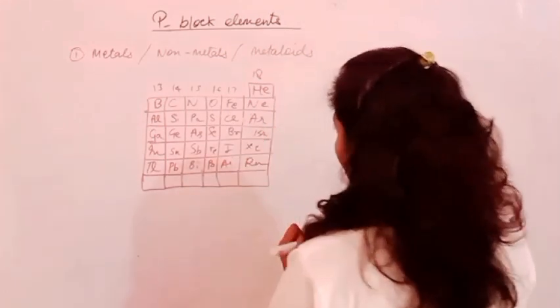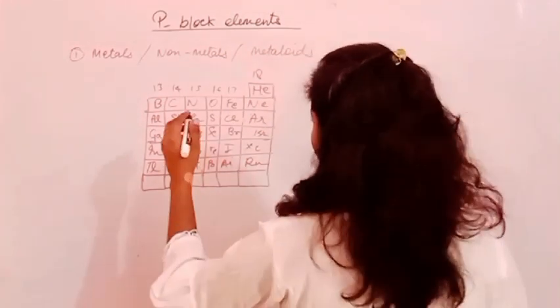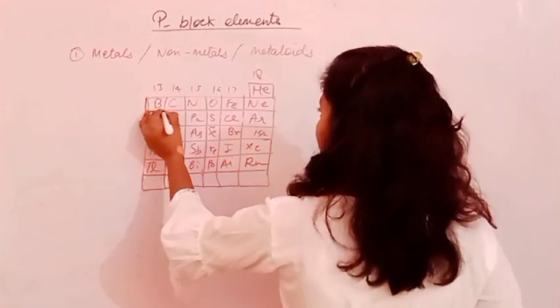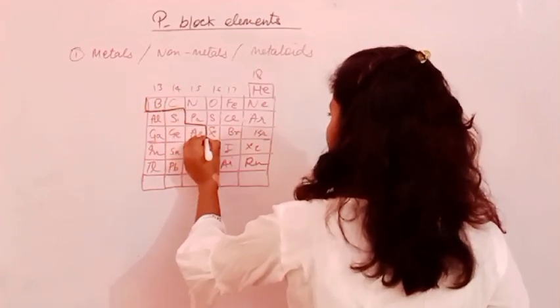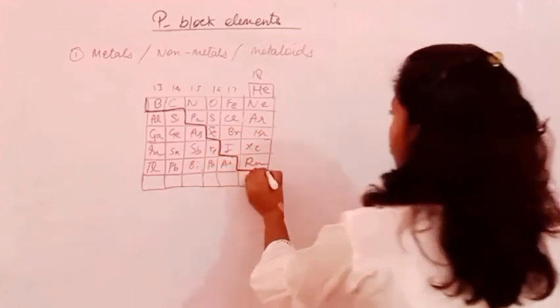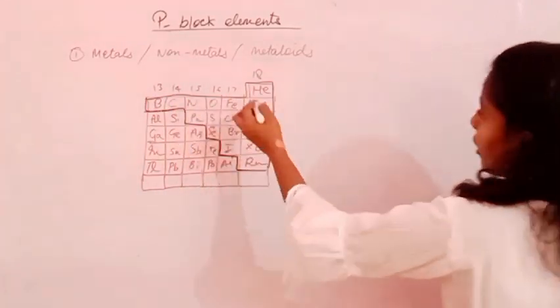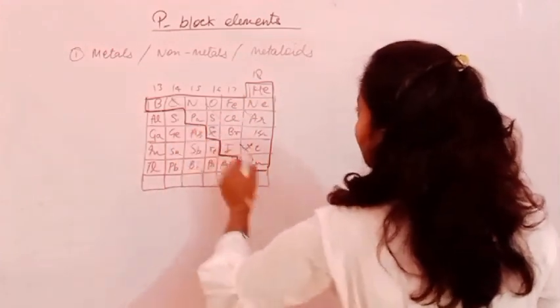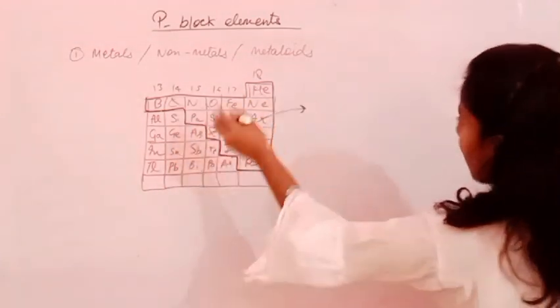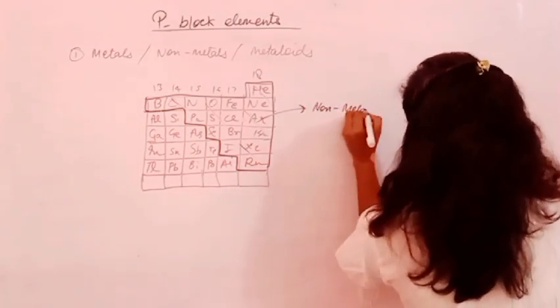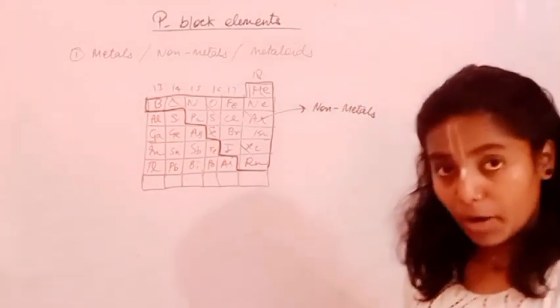Now see what I wanted to say is, from your boron onwards, all the elements I'm just going to put in this particular, I'm going to draw it like that. ये जो ब्लैक बॉक्स में आपके पुट अप है, ये आपके हैं नॉन मेटल्स. ठीक है, ये आपके नॉन मेटल्स.